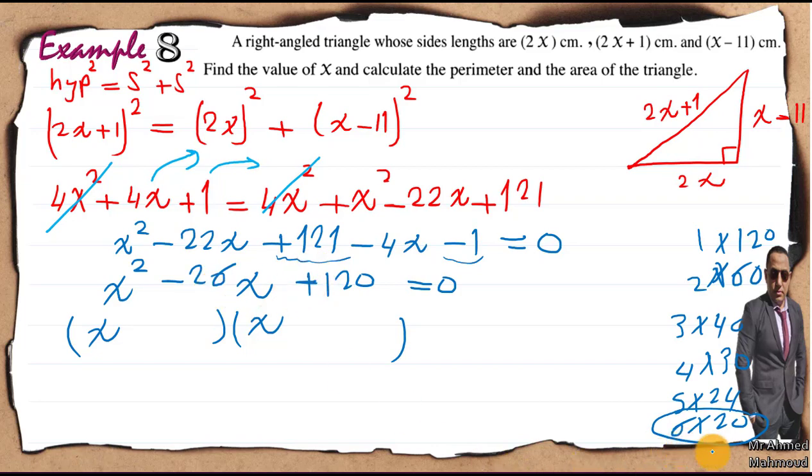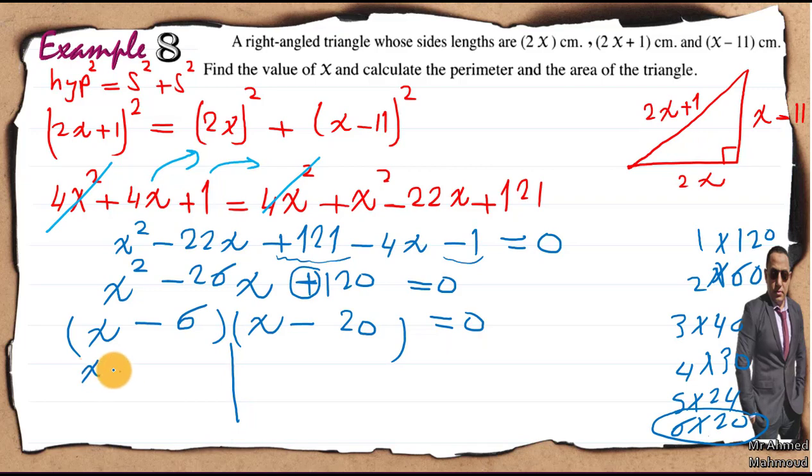The two numbers are 6 and 20. Because this number is plus, I'm going to put negative as the middle sign here and here. Negative and negative, here 6 and here 20, equals 0.